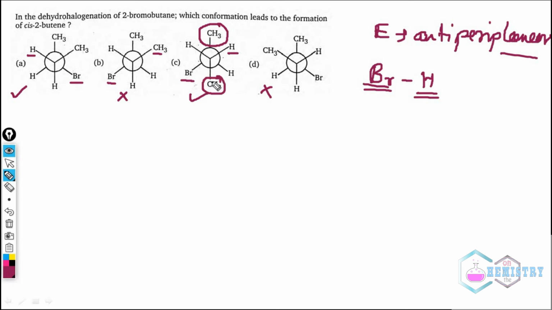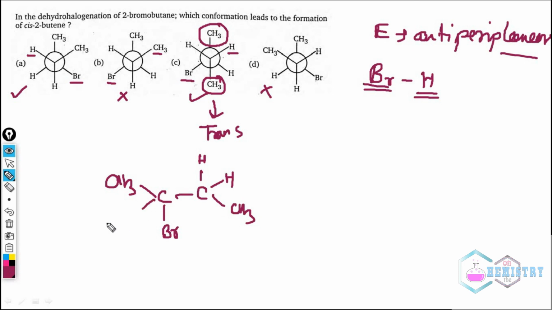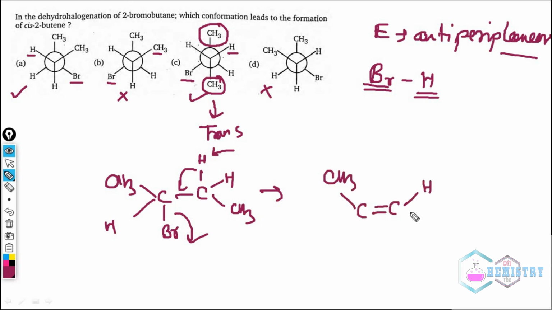So when they form a product, they will form a trans compound like this: CH3, bromine, hydrogen, CH3, hydrogen and hydrogen. So this hydrogen will get abstracted this way and it will form a trans compound like this.